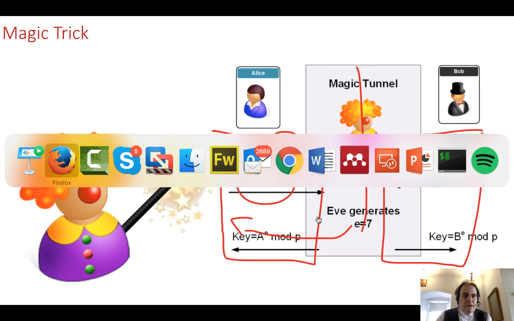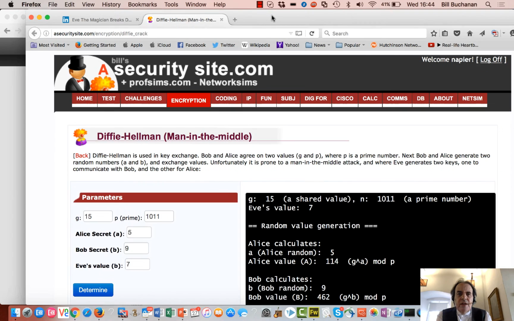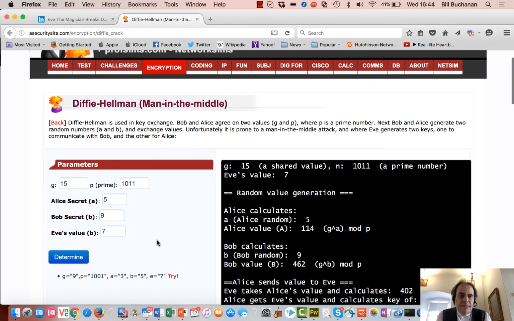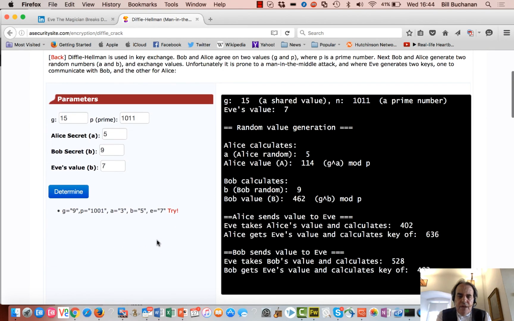So let's look at how this is calculated. Here's a little calculator, and there are the values. When we do the calculations, there's a value of 5, then g to the power of a, if we use 15, and this value here we get 114.